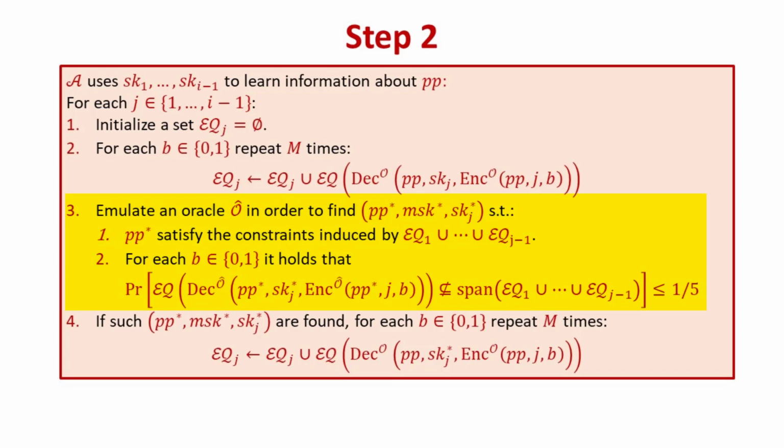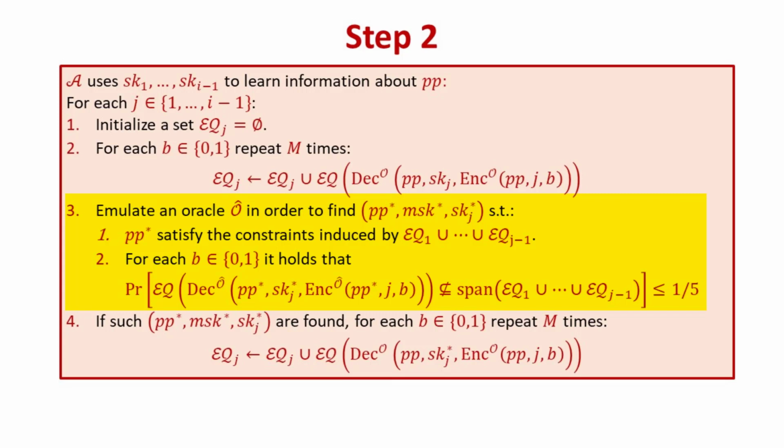Then the adversary emulates a fresh oracle and searches for alternative public parameters pp star, master secret key msk star, and secret key sk star j that are in the support of the setup and the key generation algorithms, and such that the following two properties hold. First, pp star should satisfy the constraints induced by the previous equations.